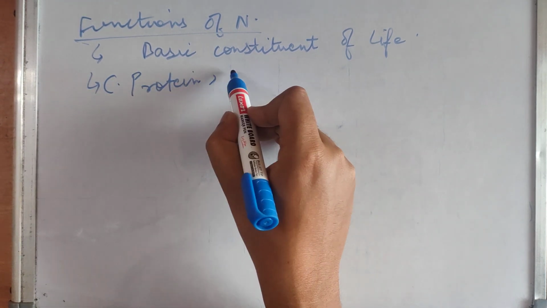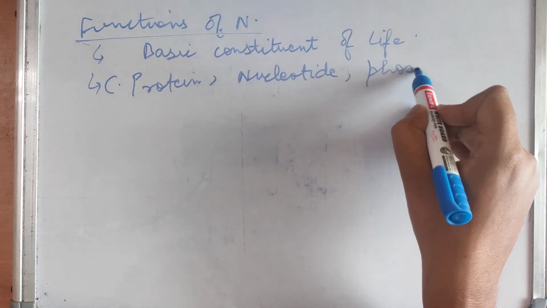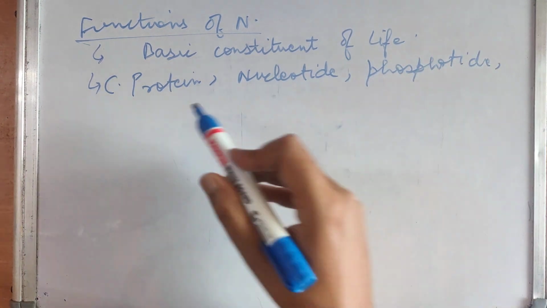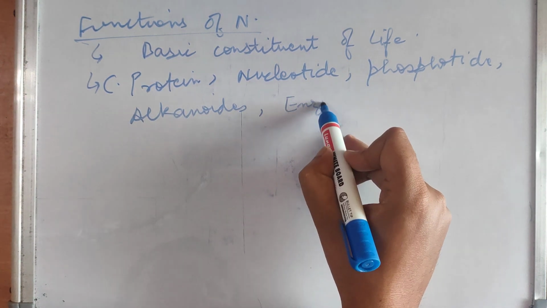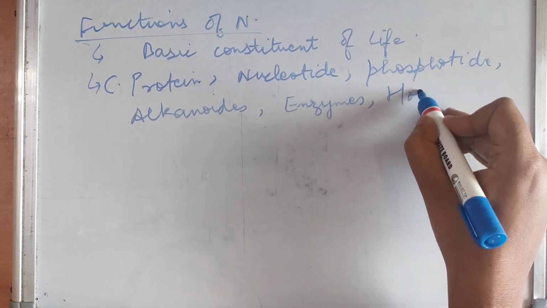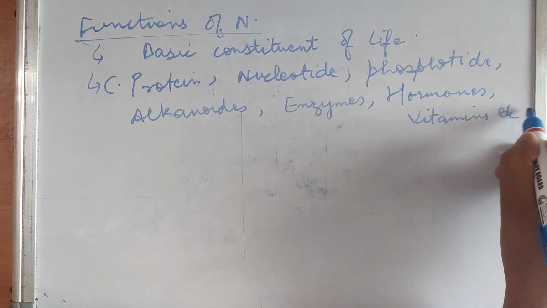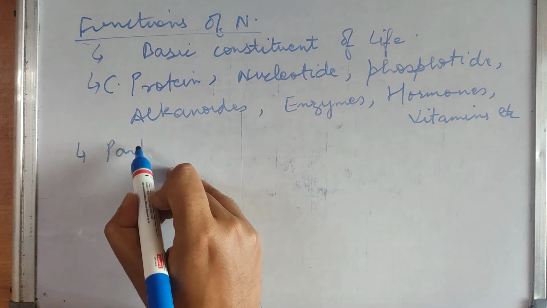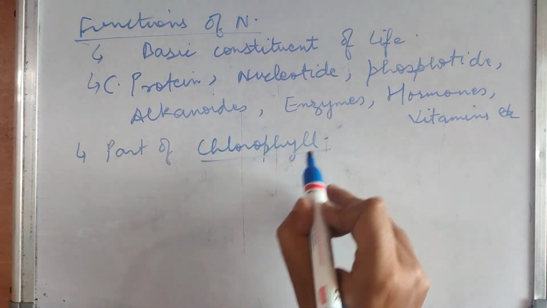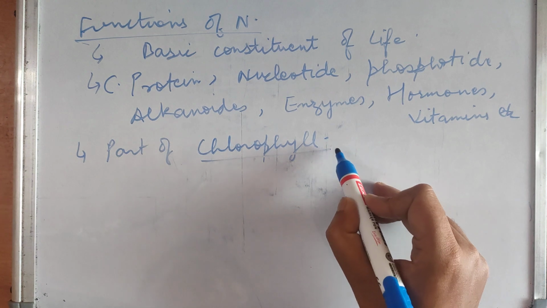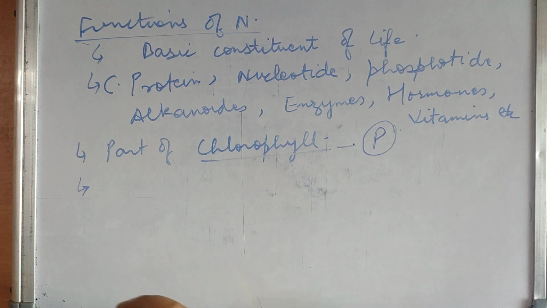It is present in nucleotides, phosphatides, alkaloids, enzymes, hormones, vitamins, etc. It is an integral part of chlorophyll, and we all know how important chlorophyll is, as chlorophyll absorbs light during photosynthesis. It imparts vigorous vegetative growth and dark green color to plants.